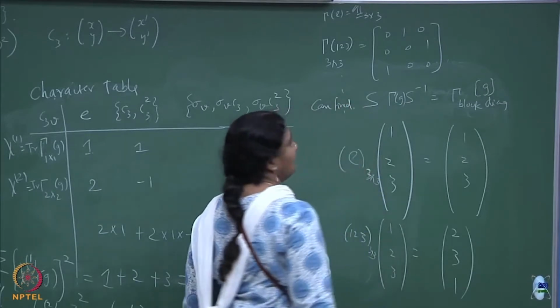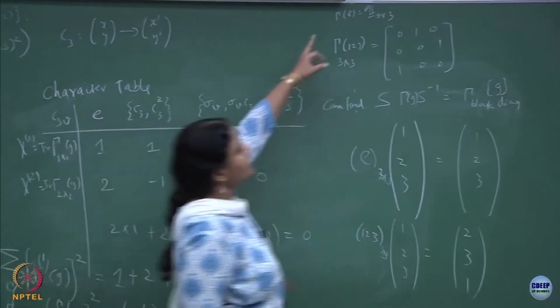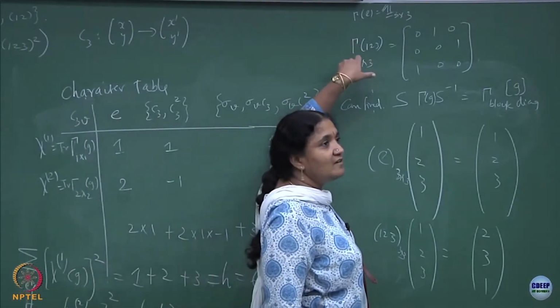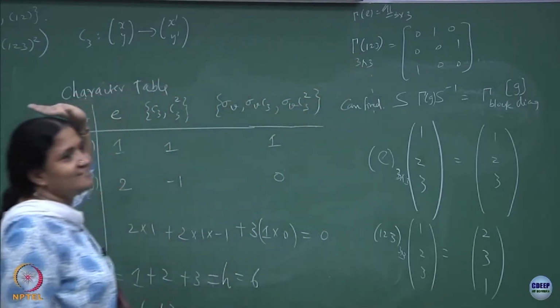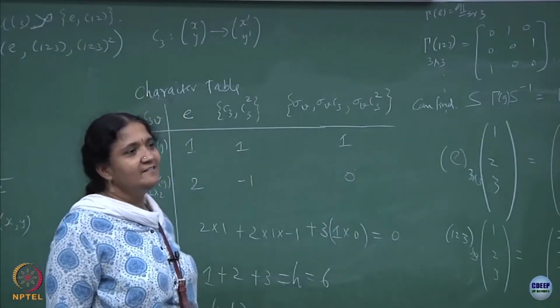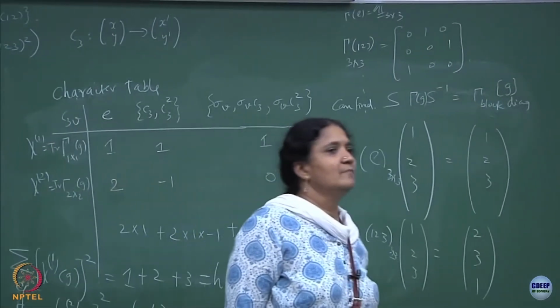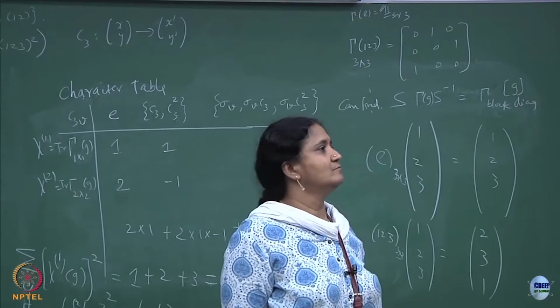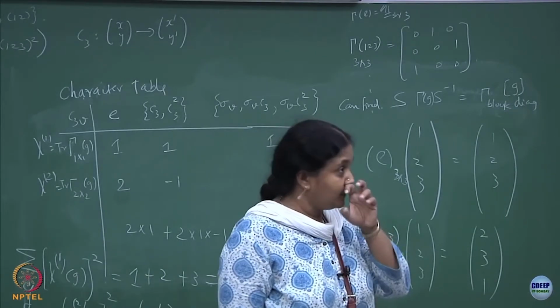What does that mean? This set which I write is a 3 cross 3 representation for the symmetric group of 3 objects, which is isomorphic to C3V, but it is reducible. Okay. This representation is reducible.